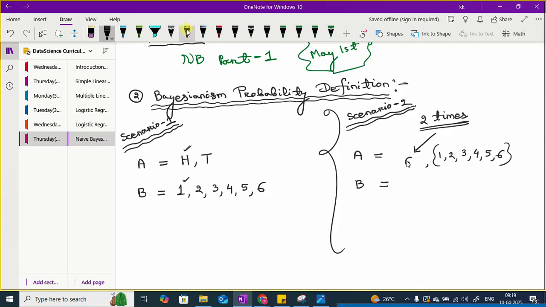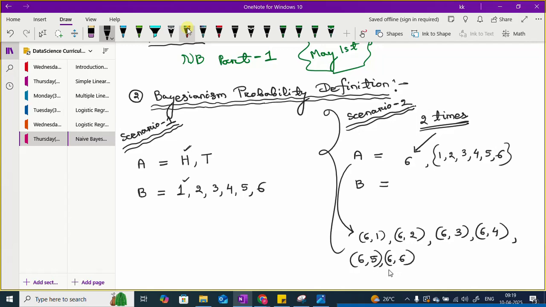So the combination for A will be either 6 comma 1, or 6 comma 2, or 6 comma 3, or 6 comma 4, or 6 comma 5, or 6 comma 6. Yes or no? But here B is telling both times, two times, is getting 6 and 6. That is no other option.